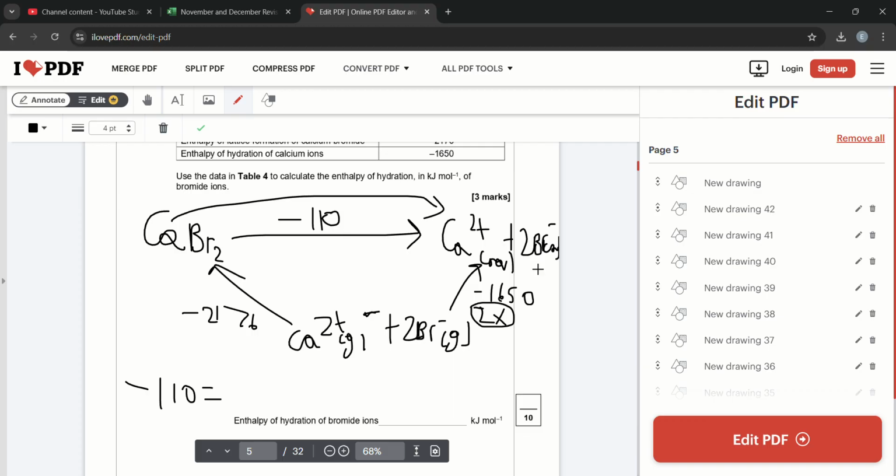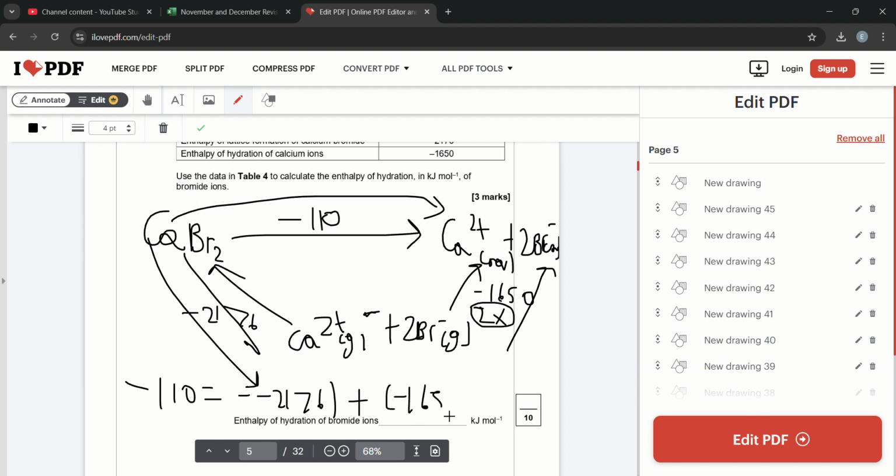So to get from here to here, it's the same as going from here to here, and then from here to here. So minus 110 is equal to minus 2176 plus minus 1650 plus 2x.